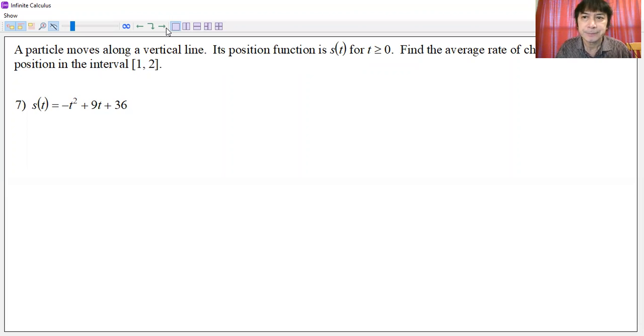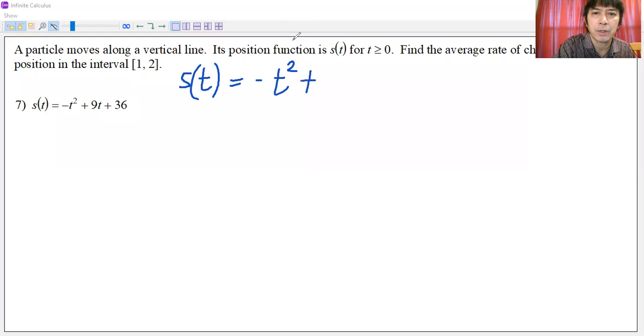So we have s of t equal to negative t squared plus 9t plus 36. We're asked to get the average rate of change of its position in the interval 1 to 2. So 1 and 2 here are for the variable t. The higher will be called t2.